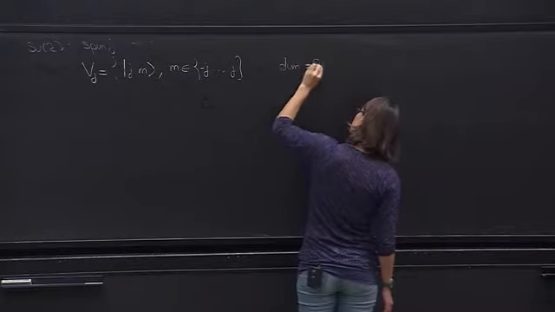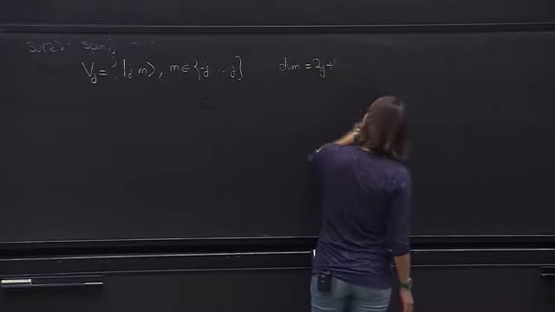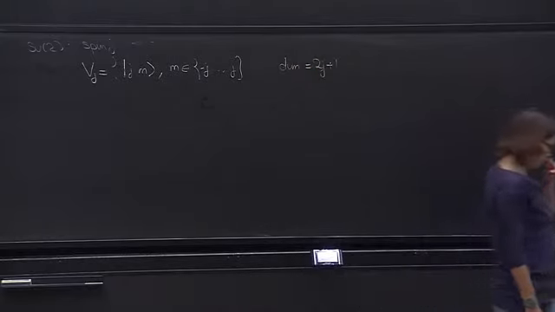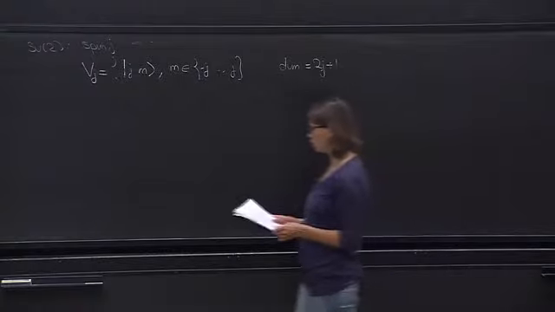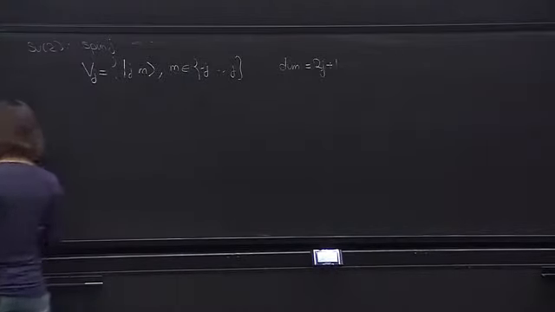The dimension is 2J plus 1. As we already mentioned, new representations can be obtained from old ones by taking, for example, a direct sum. I'm not going to mention it now, but also the tensor product of old representations.